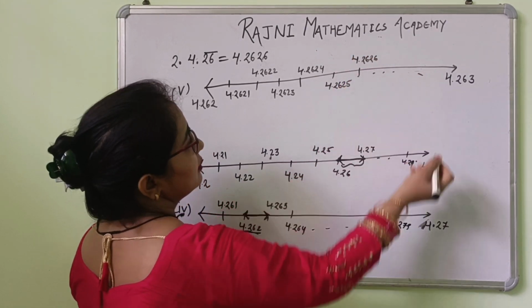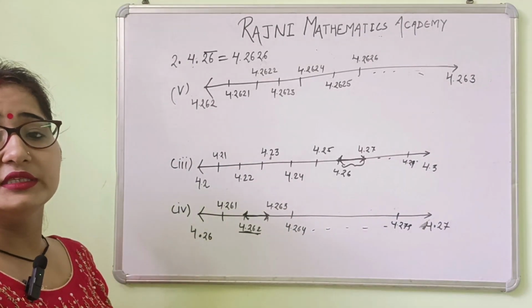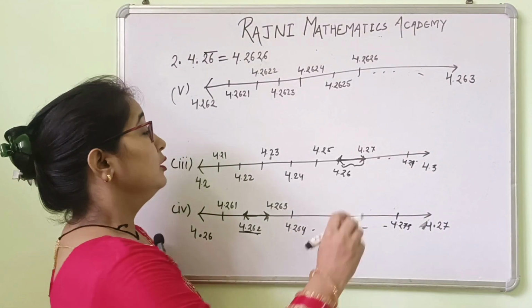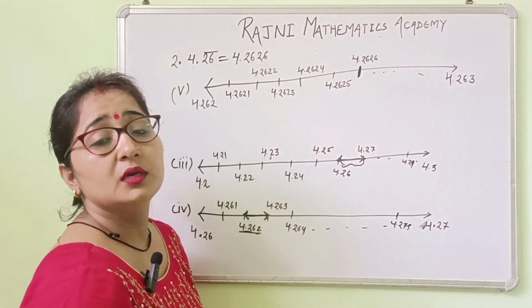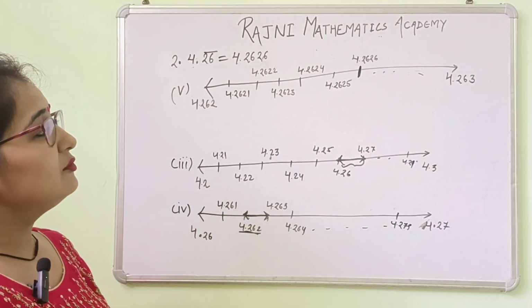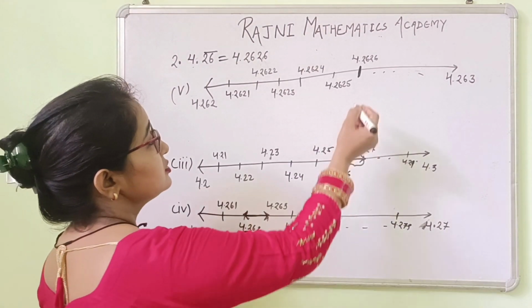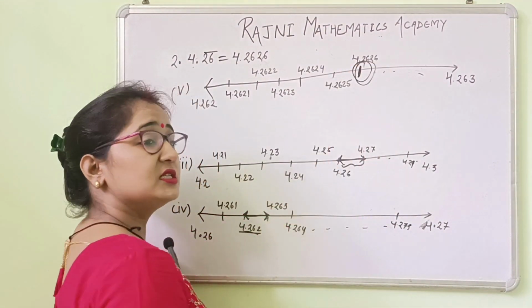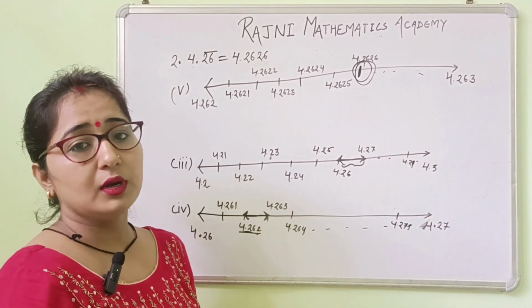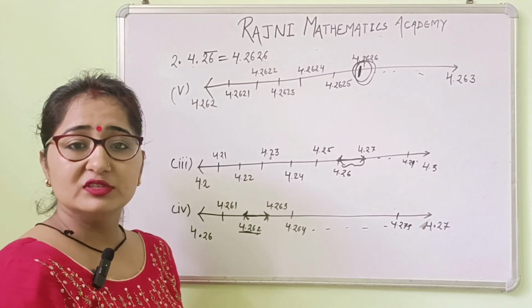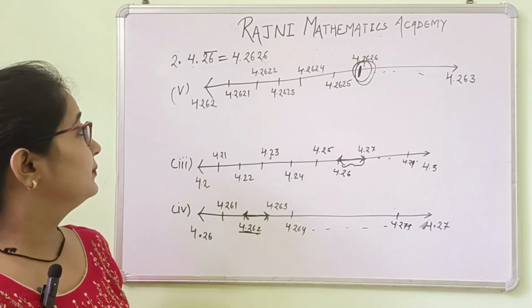Okay. So exact number is 4.2626. So it is here on number line in between 4.262 and 4.263. So this is the representation of 4.2626 on number line. So there are 5 steps for this question.